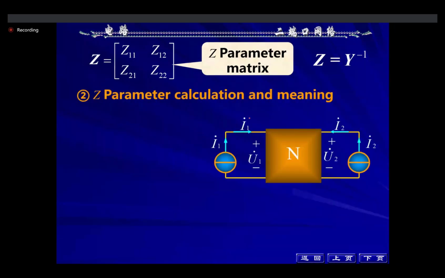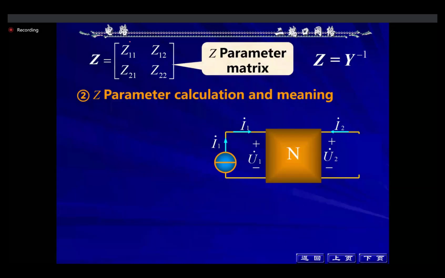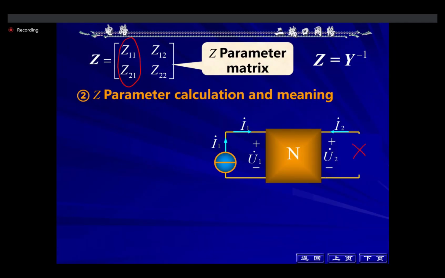The Z parameter calculation and meaning. When calculating Z11 and Z21, we can assume the right side is open. Why do we assume it's open? Because U1, U2 equal to Z11, Z12, Z21, Z22 times I1, I2.